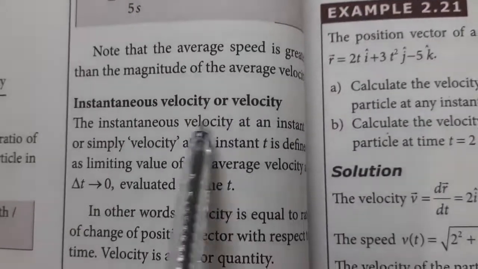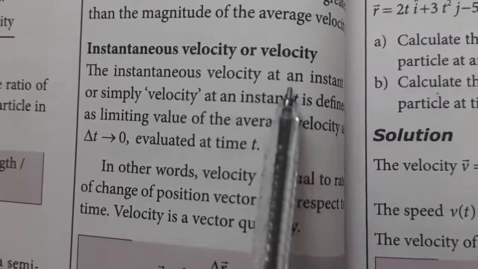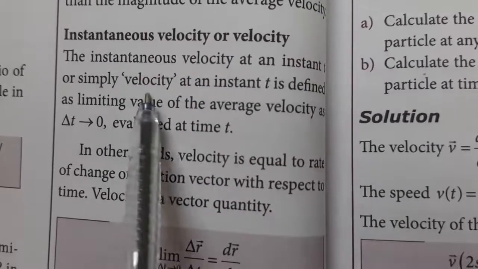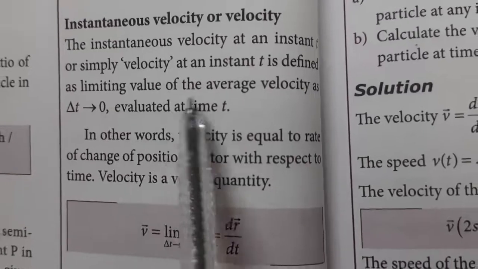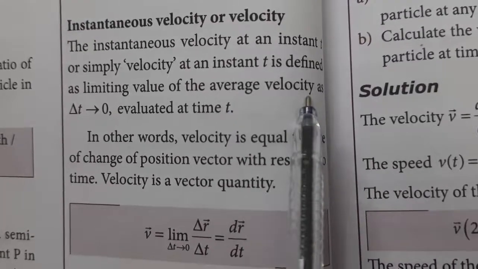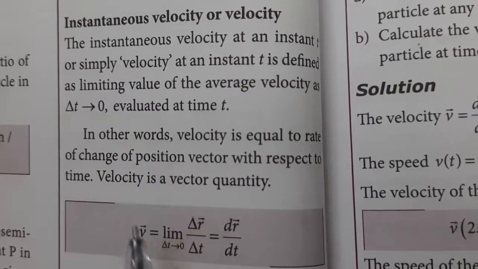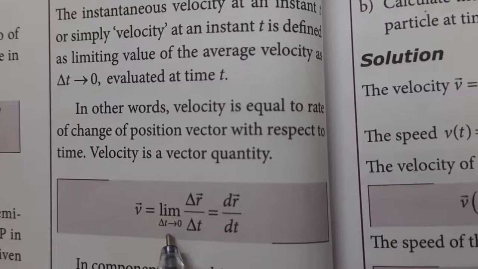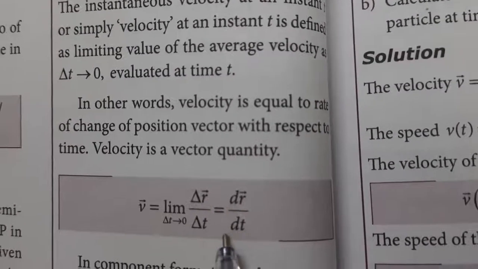Then instantaneous velocity. Instantaneous velocity at an instant, or simply velocity at an instant time t, is defined as the limiting value of the average velocity as delta t tends to 0, that is, v vector equal to limit delta t tends to 0, delta r by delta t equal to dr by dt.